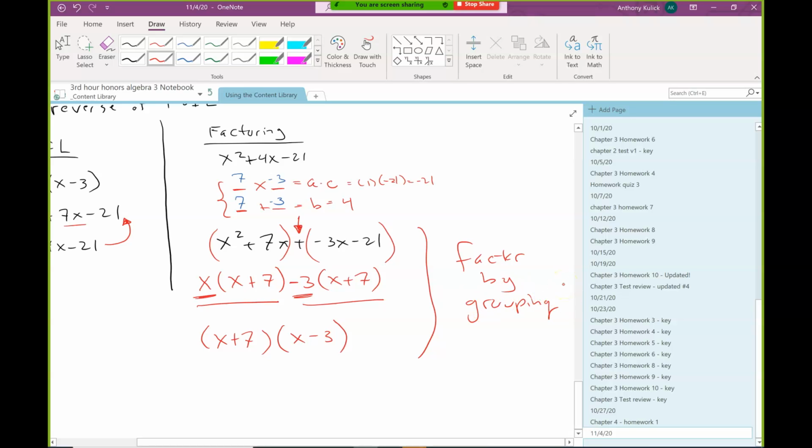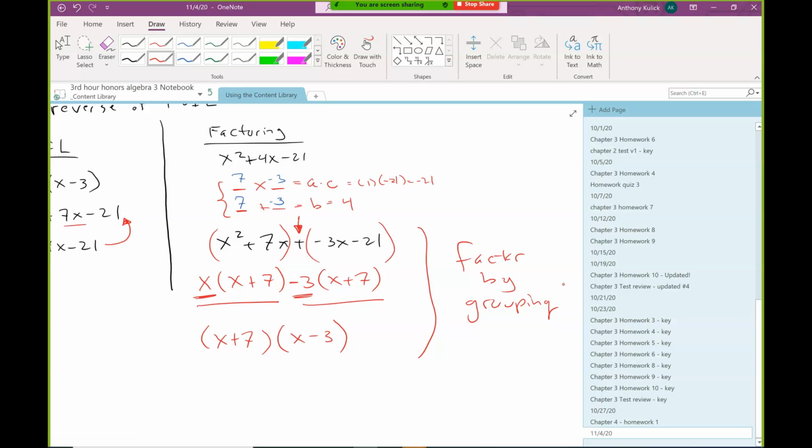Now I acknowledge some of us may know shortcuts in doing this to where we don't have to do the factor by grouping all the time. That's great. I'm going to ask that you sit on those shortcuts until we introduce them in class, because this process that we've outlined here is necessary that you're able to do in some situations. So it is not an optional process.